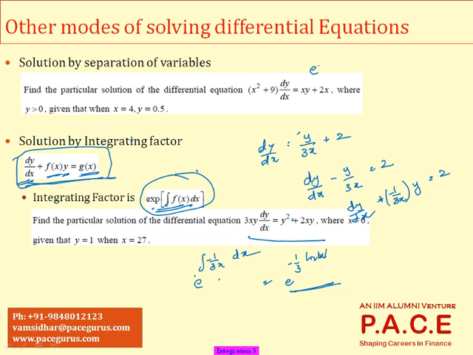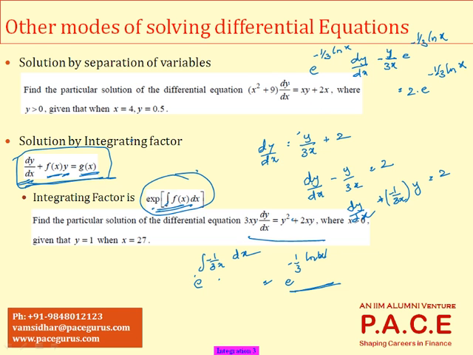So it becomes e power minus 1 by 3 log x into dy by dx minus y by 3x e power minus 1 by 3 log x is equal to 2 into e power minus 1 by 3 log x.